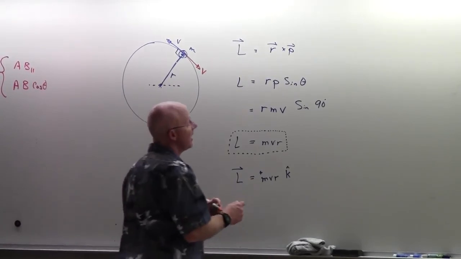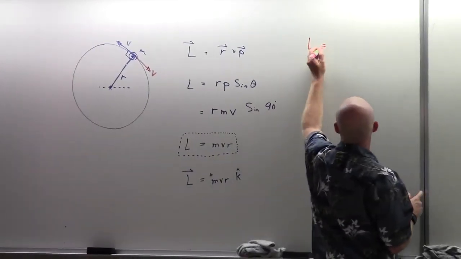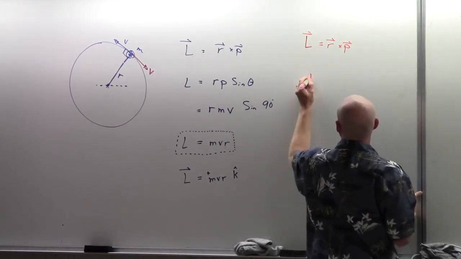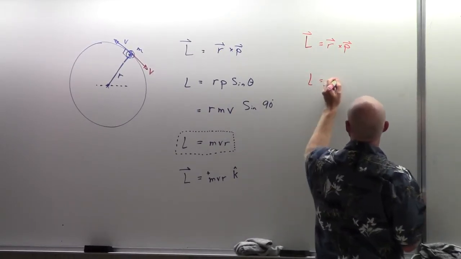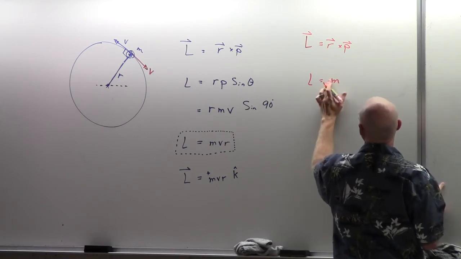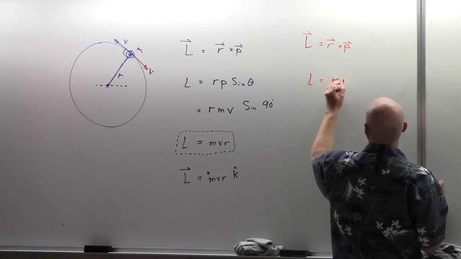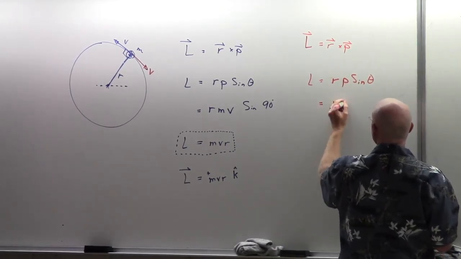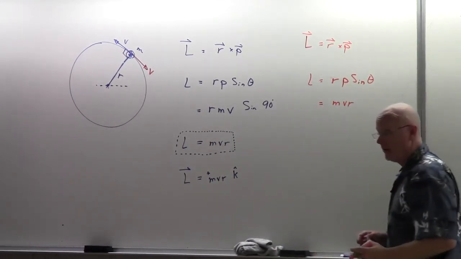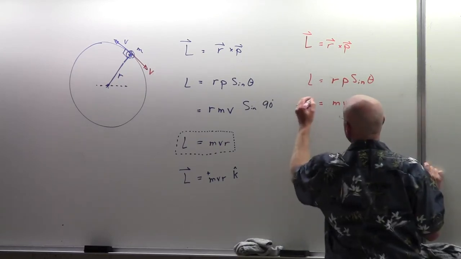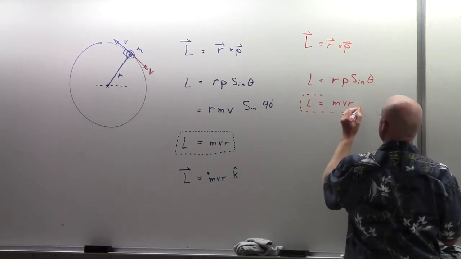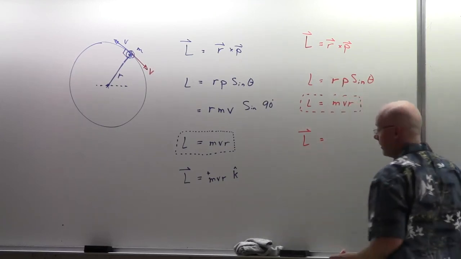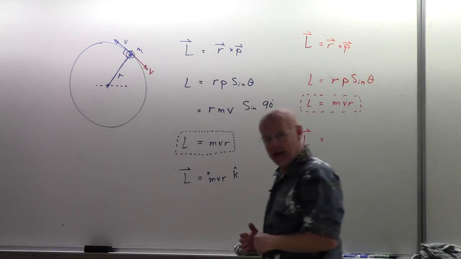Yeah. And so I still would have written it as a cross product. When I go to calculate its magnitude, I would write it as an r, a p, and a sine of the angle between them. That would still come out to be mvr. And so the magnitude of the angular momentum would still be the same. But what would I get for the direction? Negative. I mean, let's see.